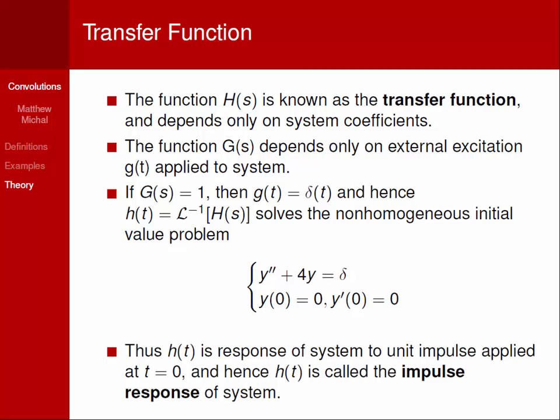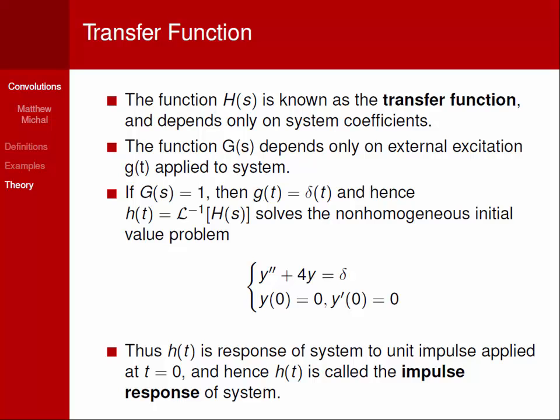h(t) is the response of the system to the unit impulse as a forcing term. And because of that, we oftentimes call that little h(t) that we solve for the impulse response. Mathematicians aren't the best namers, but they tend to be kind of literal.